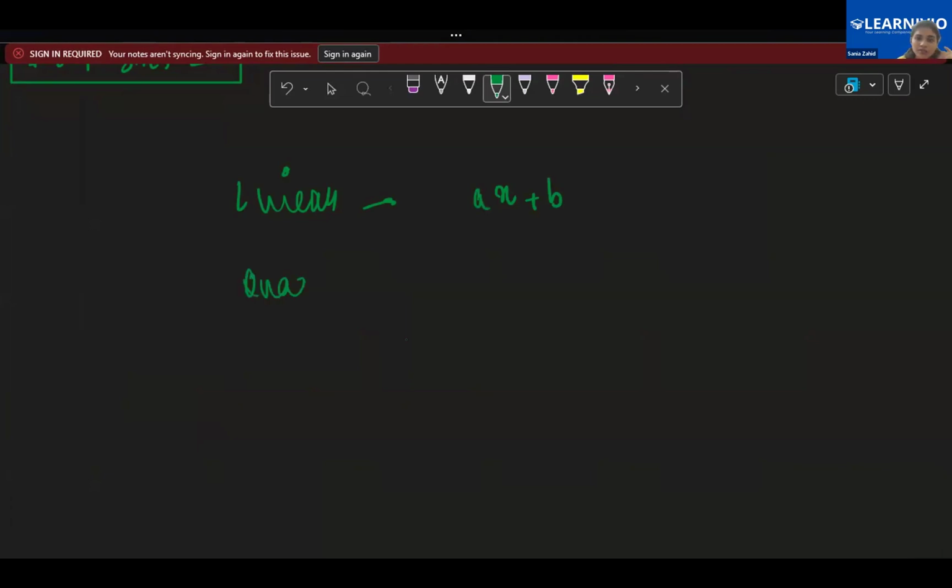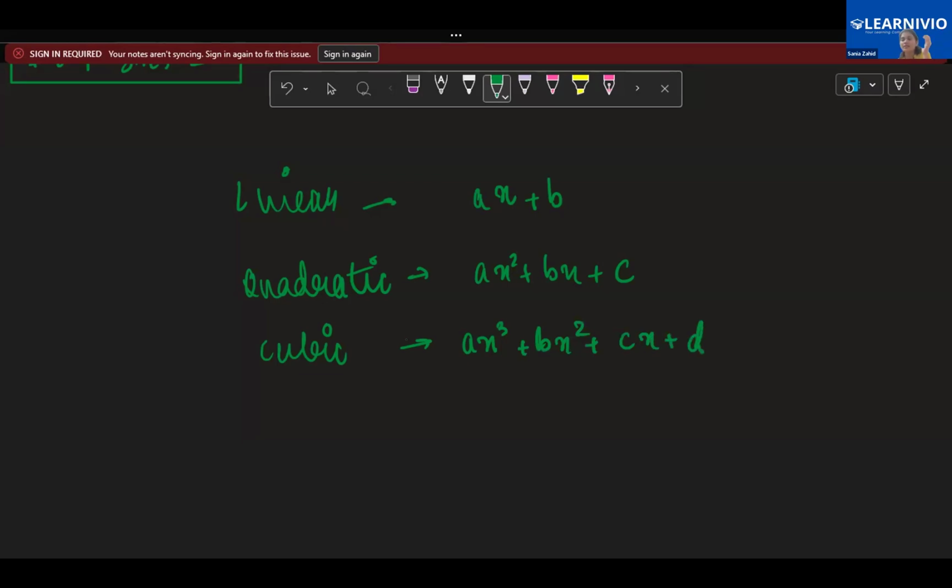For a quadratic, it becomes ax square plus bx plus c. For a cubic, ax cube plus bx square plus cx plus d. So you keep on increasing the letters.